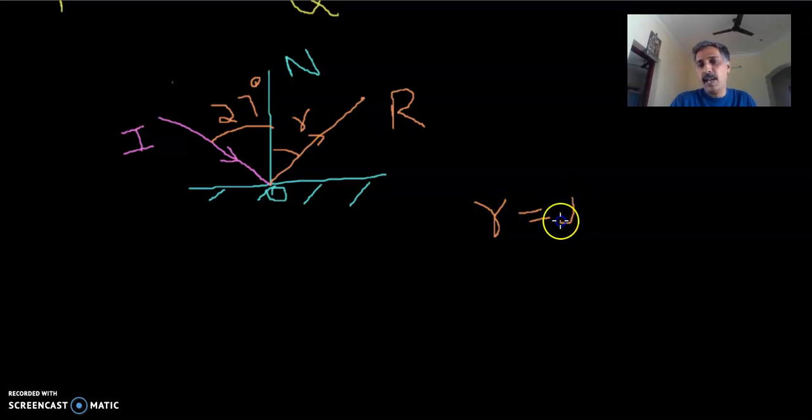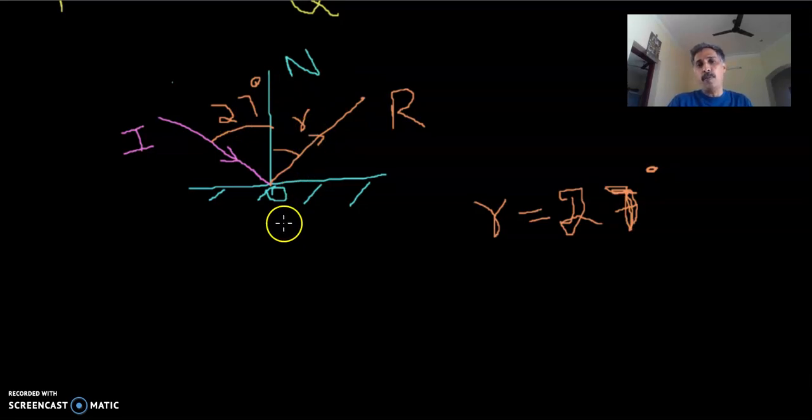No doubt, we need not calculate. We can write it just like that, 27 degrees. If this is 27 degrees, then this has to be 27 degrees, right?